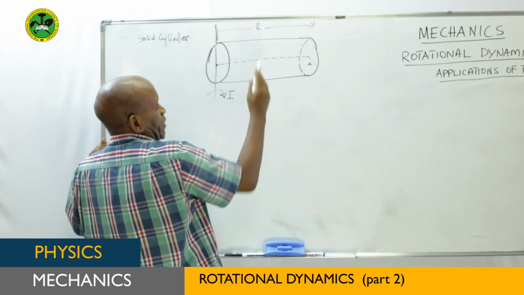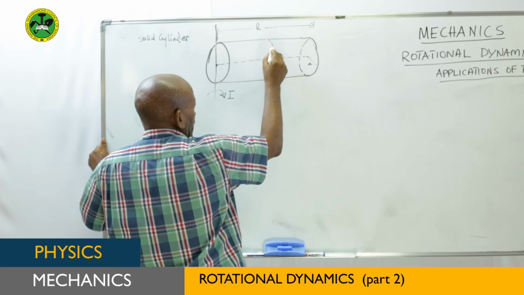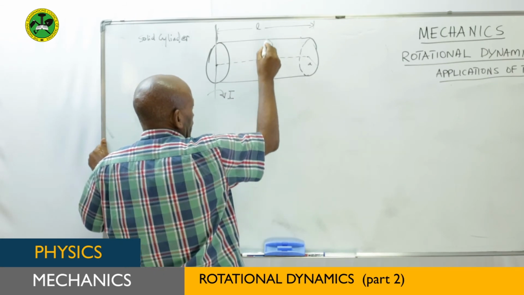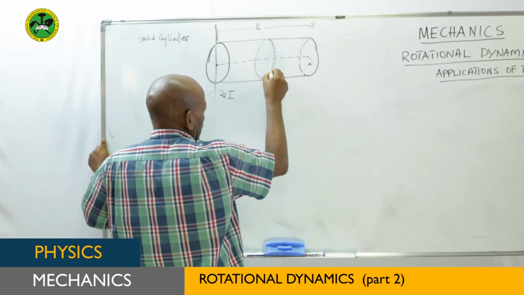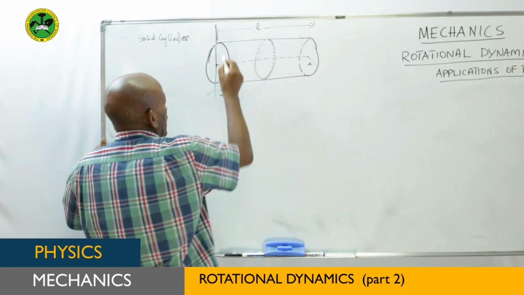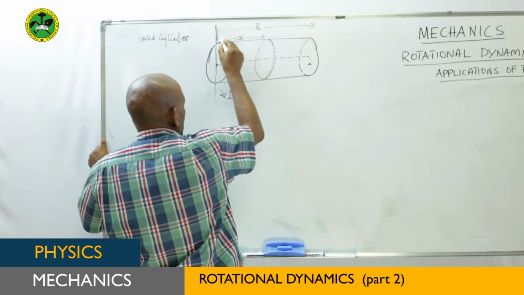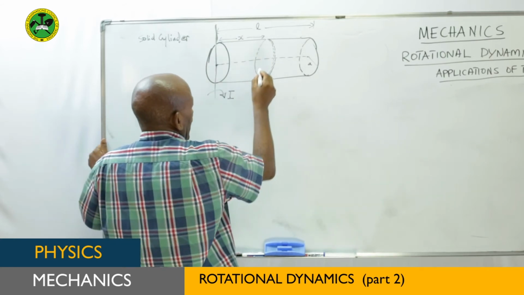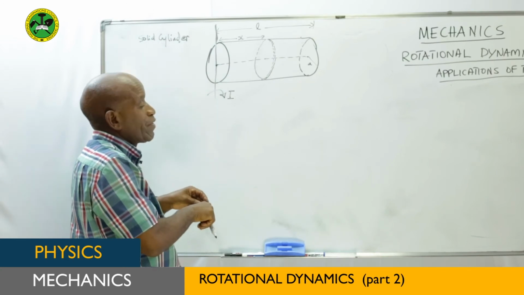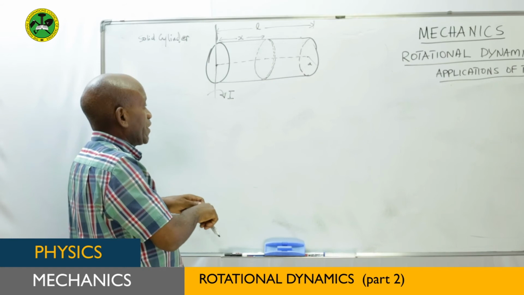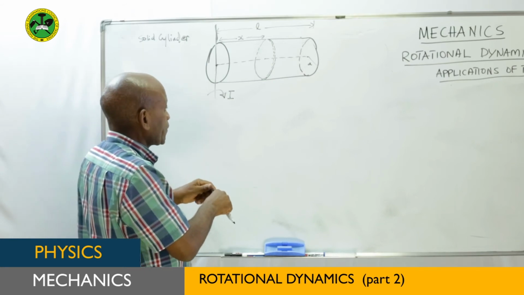If we divide this cylinder into various slices, I can pick one slice at this location, at a certain distance X from that end. What I need now is to establish the mass of this particular disk.